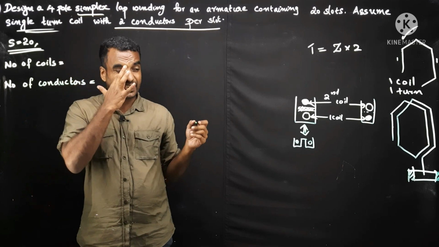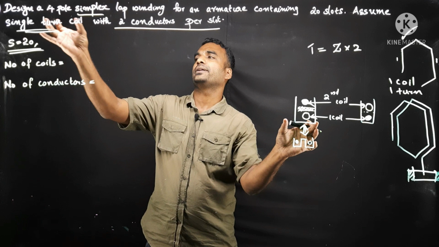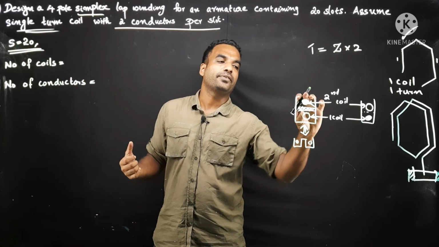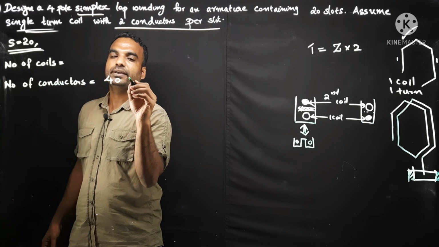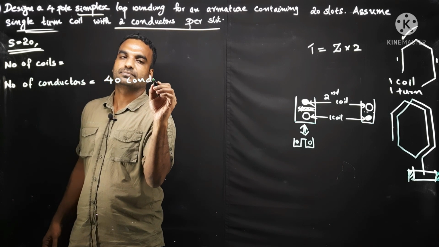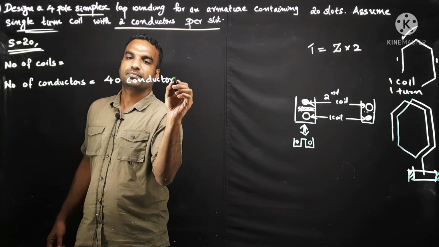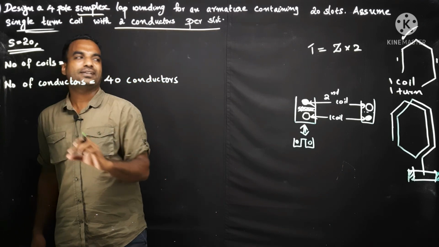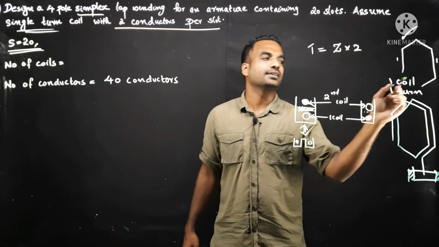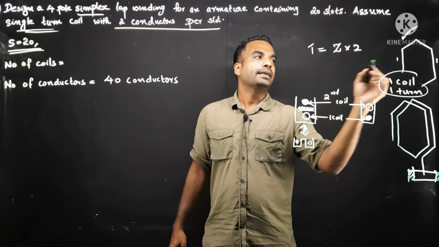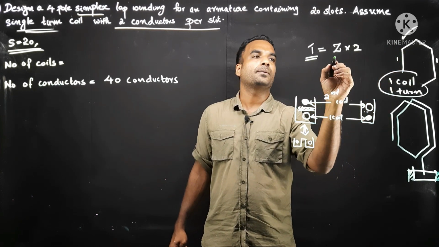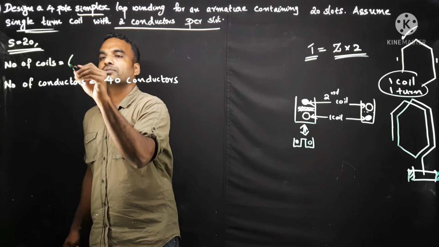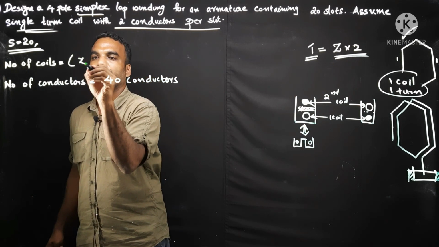Number of conductors we can easily find out: we have 20 slots and each slot has two conductors. So how many conductors? 40 conductors. And how many coils? We know that as it is a singleton coil, each coil has two conductors. So number of coils is equal to number of conductors divided by 2.